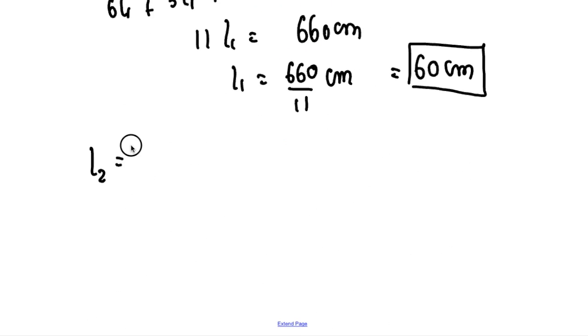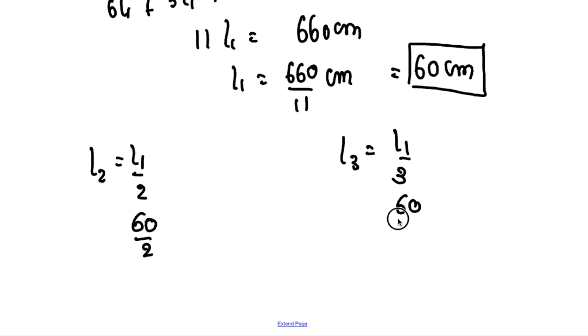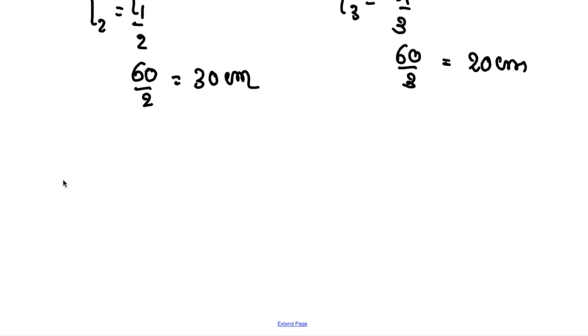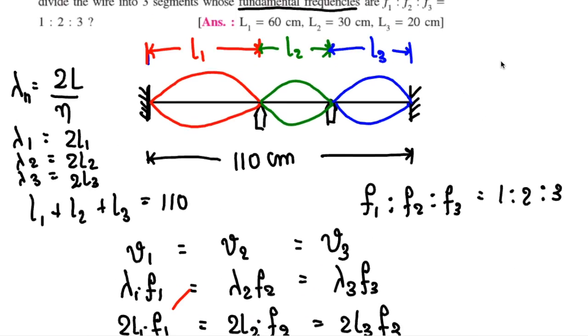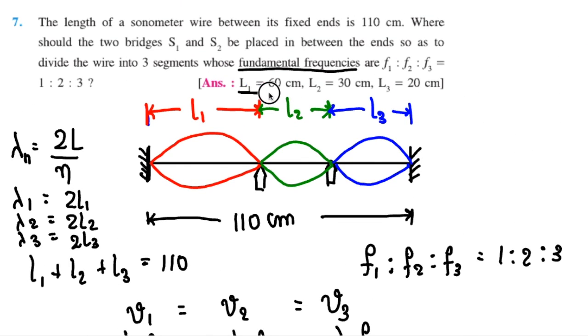So my L2 is equal to 60 by 2 and my L3 is equal to 60 by 3, and I'll get 30 and 20 centimeter. So all three lengths I have got: L1 equals 60 centimeter, L2 is equal to 30 centimeter, and L3 is equal to 20 centimeter.